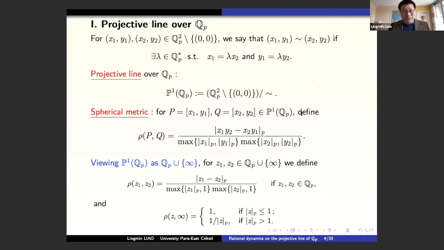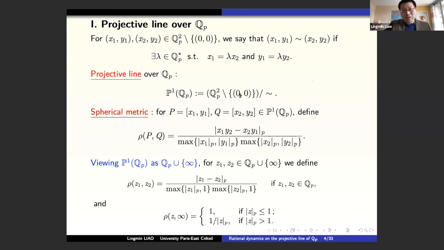I will not recall what the p-adic numbers are, but maybe a little about the projective line of Q_p. It is the same thing as the projective line over R. You take a couple of points in Q_p, not (0,0). If two couples have the same proportion, I call them equivalent.